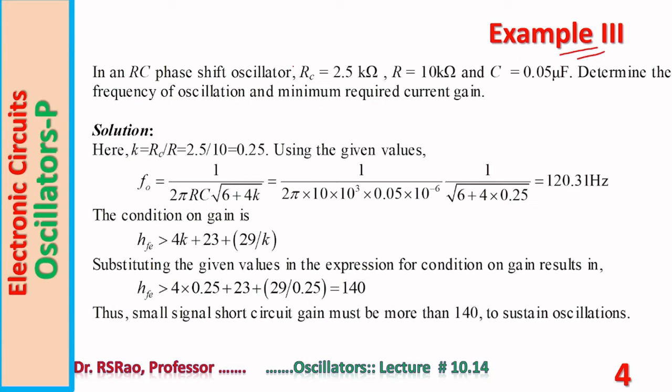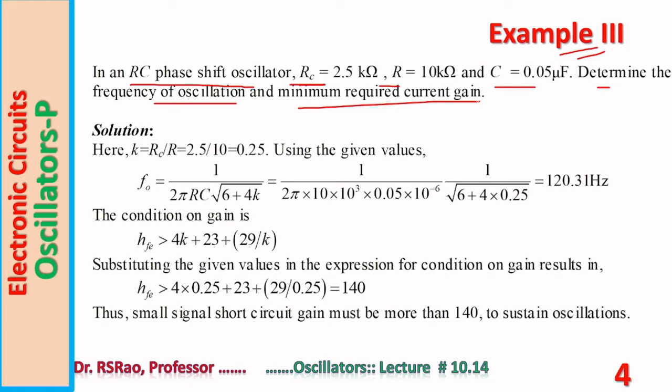Another problem, example 3. In an RC phase shift oscillator, RC is given as 2.5K, R is 10K, C is 0.05 microfarad. Determine the frequency of oscillation and minimum required current gain.